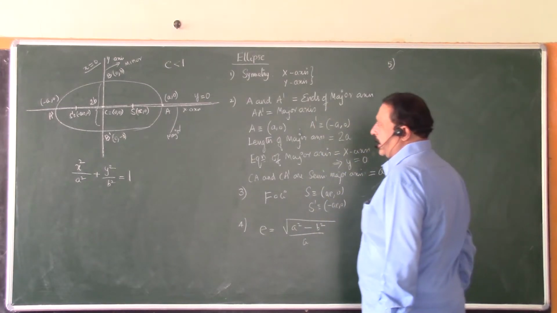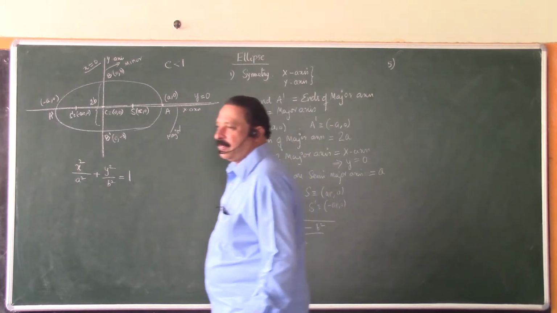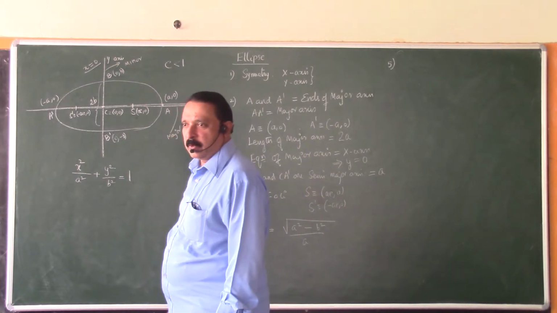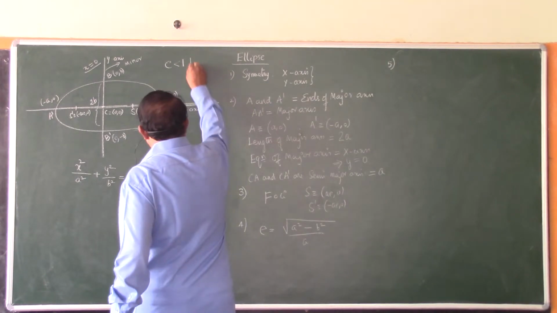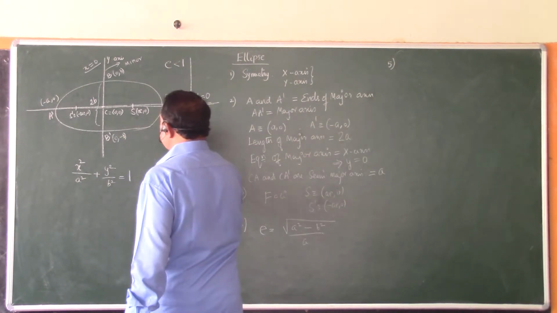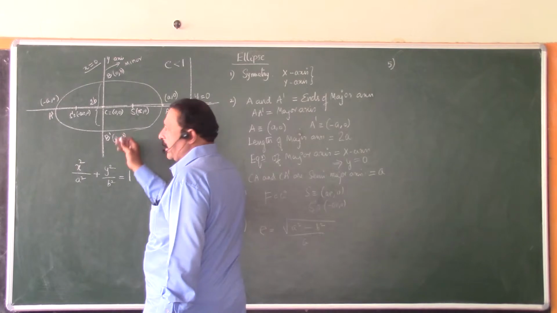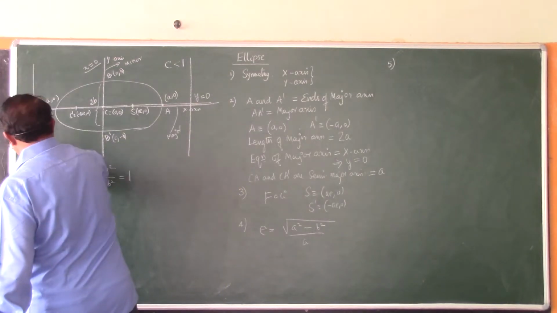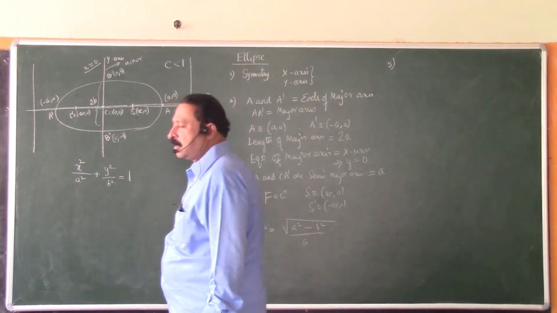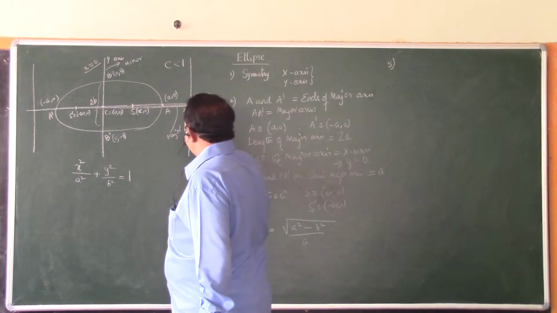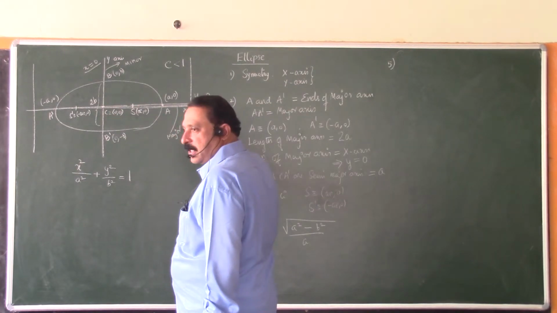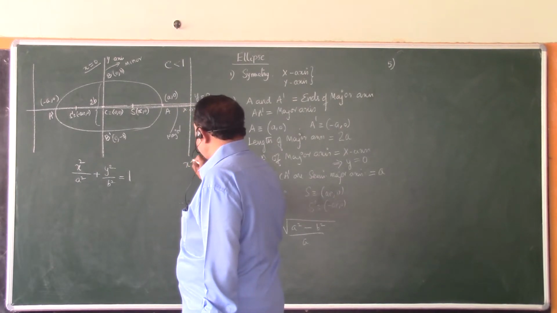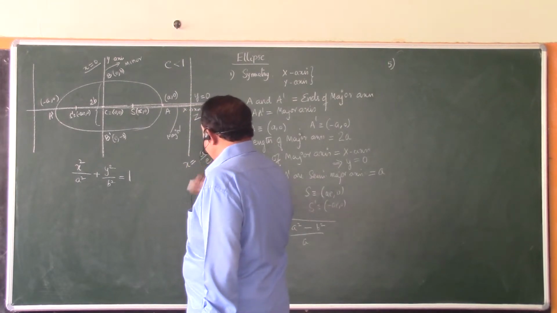Then the fifth detail. After focus, we have to talk about the directrices. You have one directrix on one side, and due to symmetry, you should have the second directrix also. This is the first directrix, CZ. CZ is the first directrix, and its equation is x equals a by e.